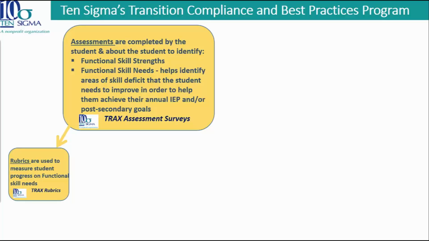These skills are included in the TRACS assessment surveys. 10 Sigma has assessments for students with mild disabilities, moderate disabilities, autism, and severe disabilities. Behind each skill, there is a rubric. The rubric is then used to measure the student's progress on their functional skill needs.